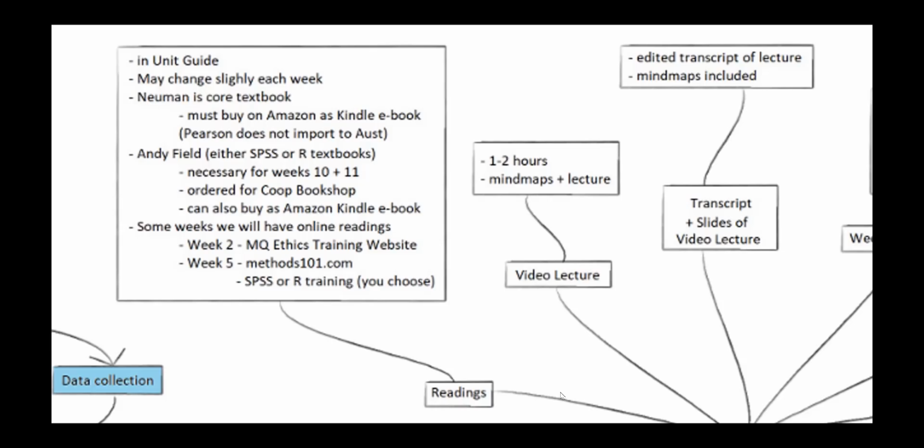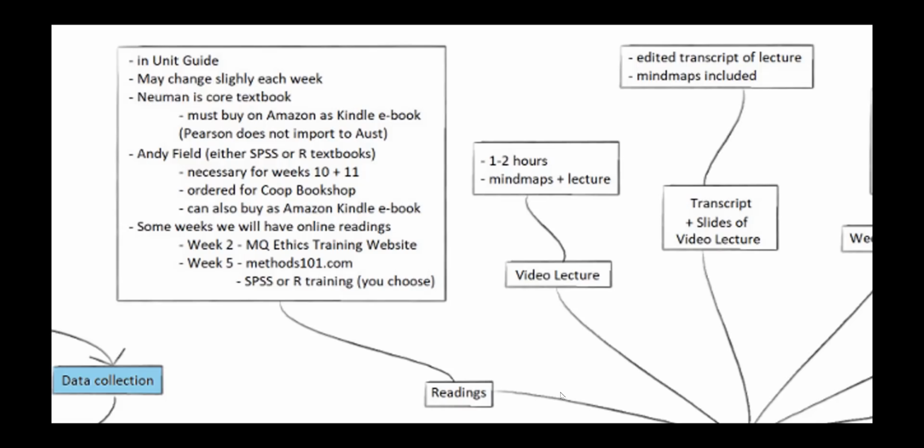That has some quizzes that you do, and if you complete that, then that will count both as your reading and your quiz for the week. And we really need you to do that because we are doing really serious proper data collection in this class, and the actual ethics committee of Macquarie University needs to know that you've been trained.